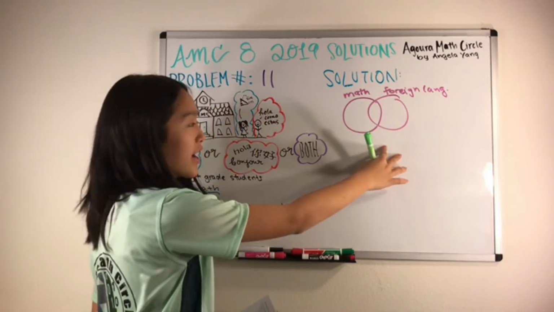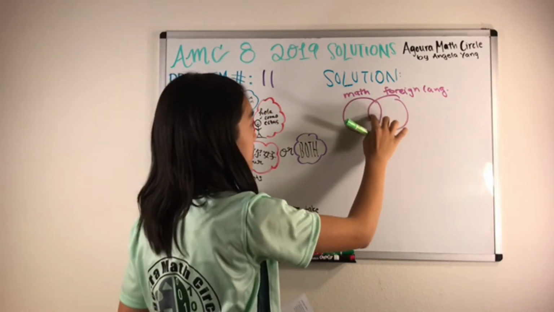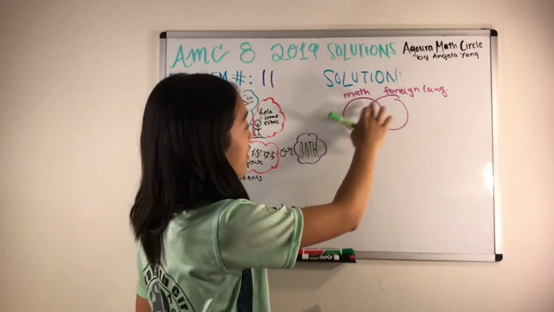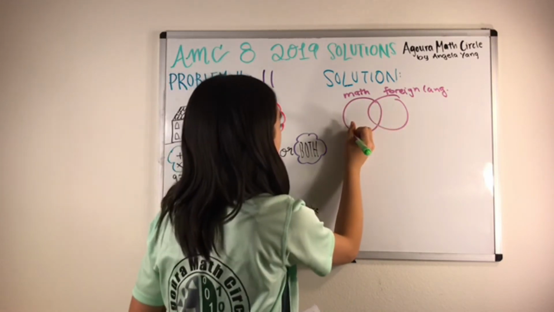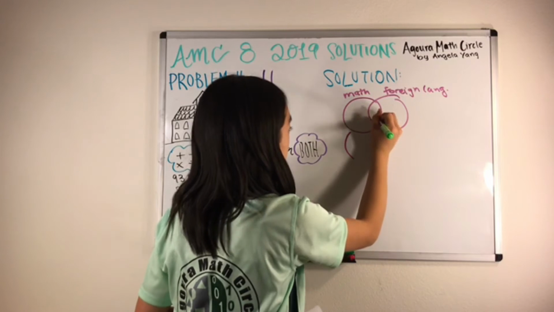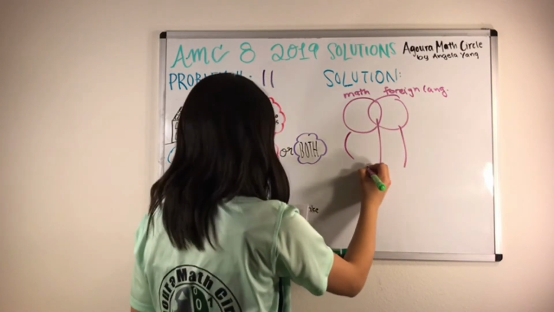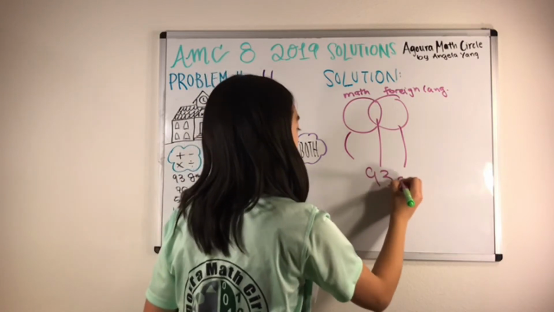Now that we have the Venn diagram, this intersection represents the number of students that are in both math and foreign language. So if we add up the values from here, the middle, and the side, we should get a total of 93 students.